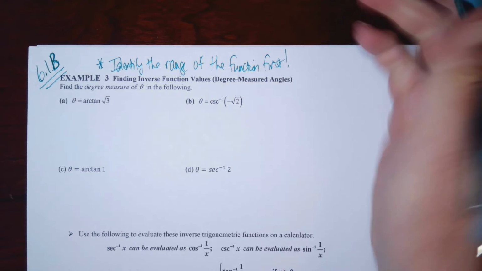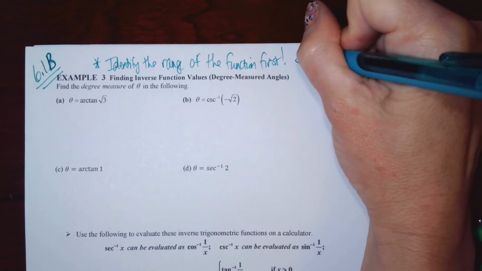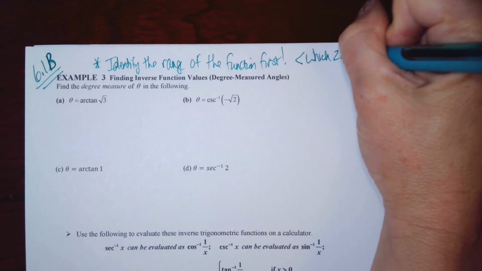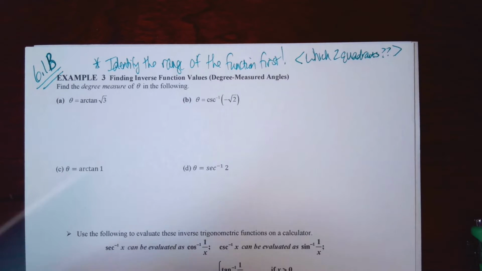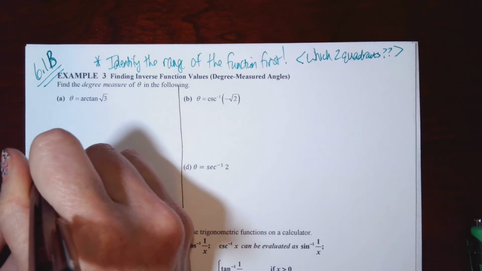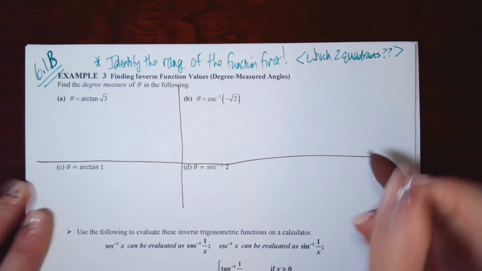So I want to stop and think, which two quadrants am I looking at? And remember, that is determined by whether I am y dominant or x dominant, right?